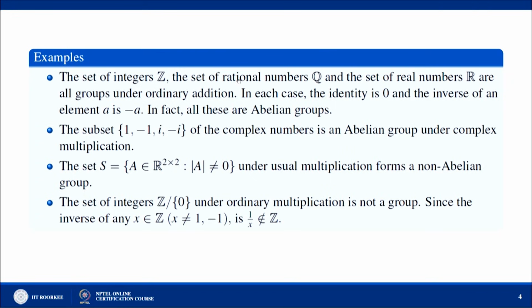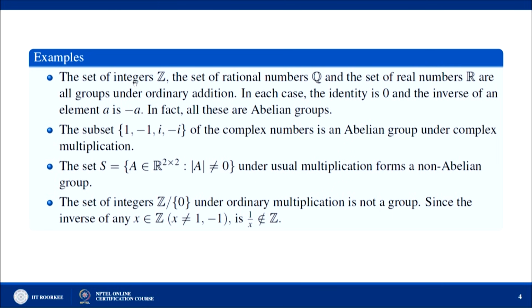You see the set of integers Z, the set of rational numbers Q, and the set of real numbers R are all groups under ordinary addition, usual addition. In each case, the identity element is 0 and the inverse of an element A is minus A. In fact, all these are abelian groups, because they satisfy the commutative property also.